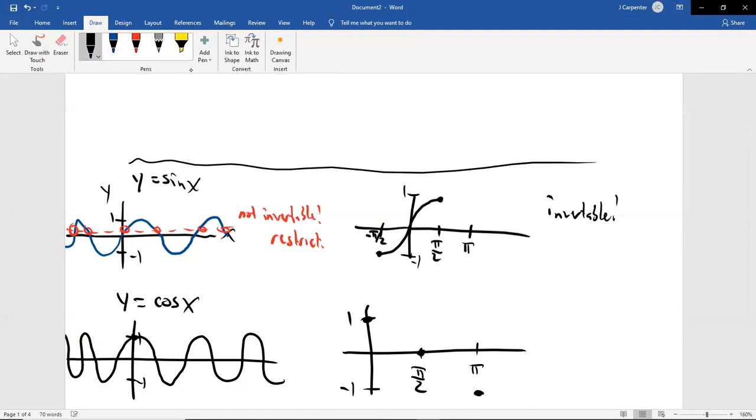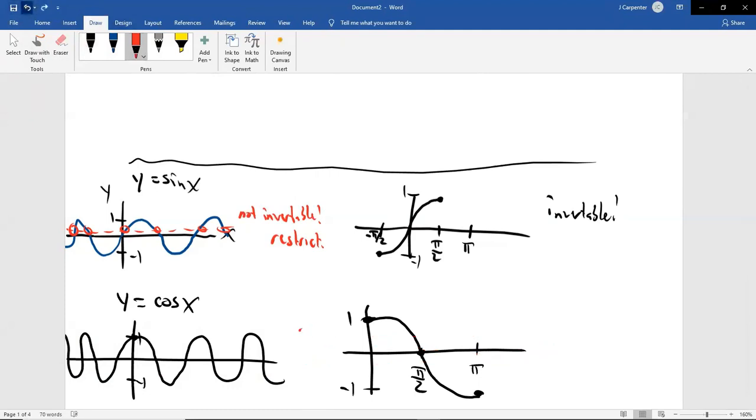By pi, it's down at -1. But it's not a straight line. It bends. It waves. That's not the best wave I've ever drawn, is it? A little better than that. There we go. Much better. This appears to pass the horizontal line test. Passes, passes, passes. So we're good.